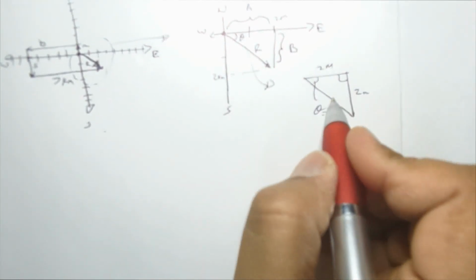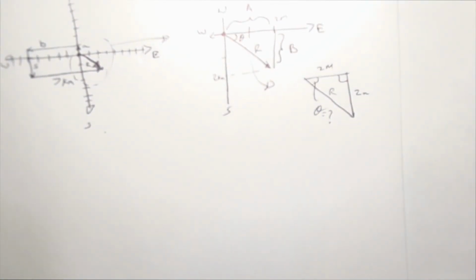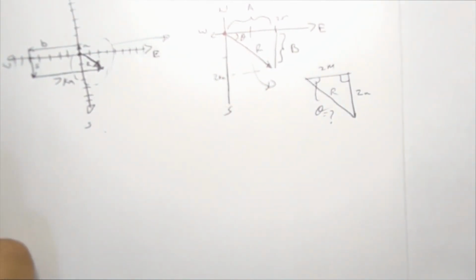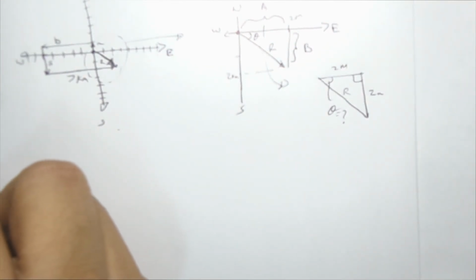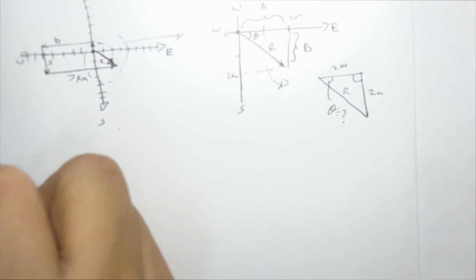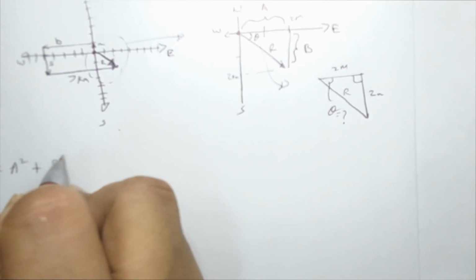Again, this is R right here. So let's start solving the problem. What is R equal to? If you look at the right triangle, R squared is equal to A squared plus B squared.